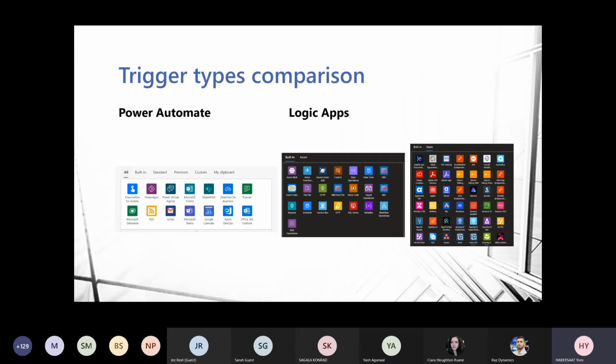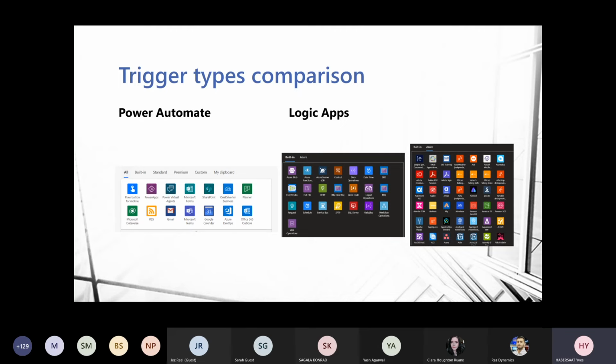You have Microsoft Forms, SharePoint, Microsoft Teams, Azure DevOps, Planner, OneDrive, Dataverse, the Flow button, and so on. So you have every trigger related to Power Automate, personal productivity, and simple business scenarios.